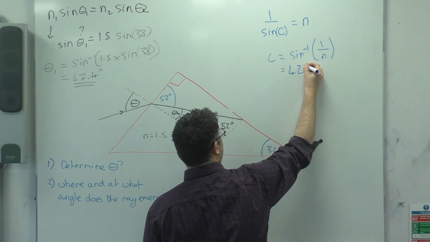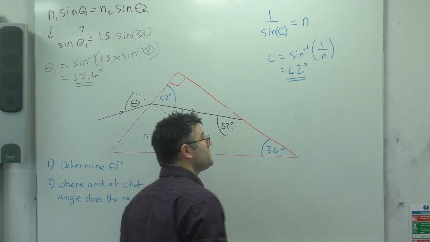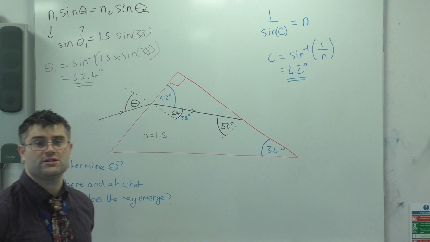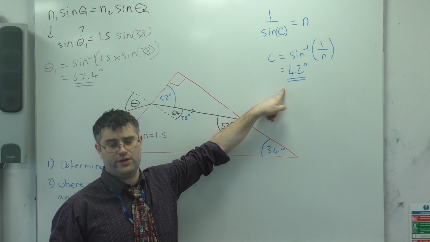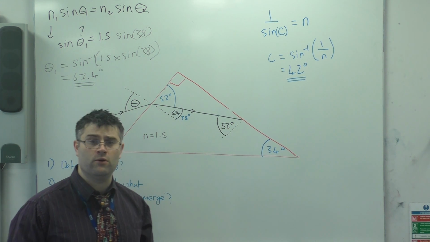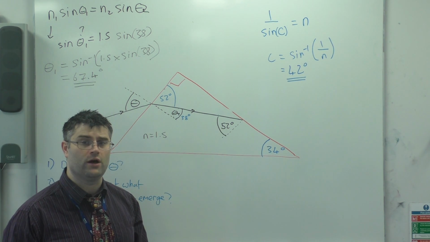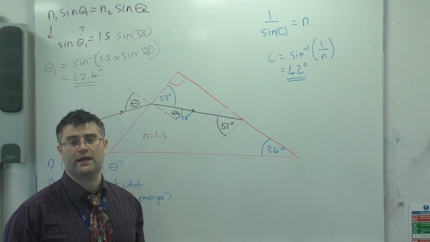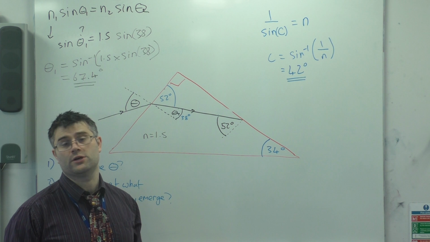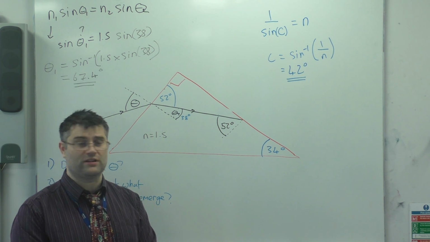Okay, so the critical angle for this boundary from there to there is 42 degrees. So ask yourself, do you know whether it's going to totally internally reflect or not? If you're not sure of the answer, I would recommend going back and looking at one of the previous videos about total internal reflection and critical angles.